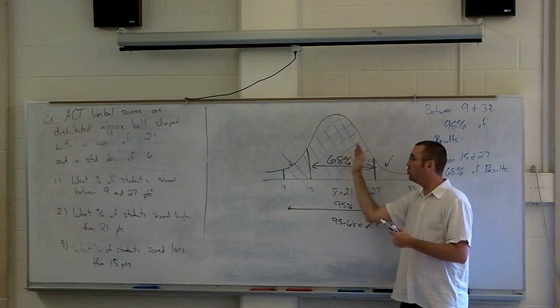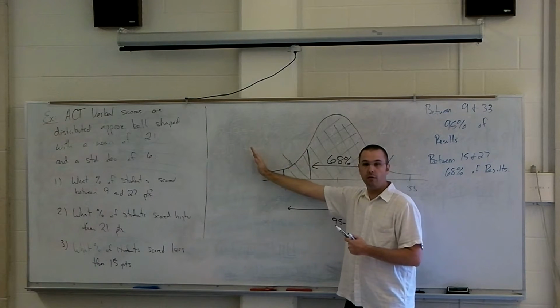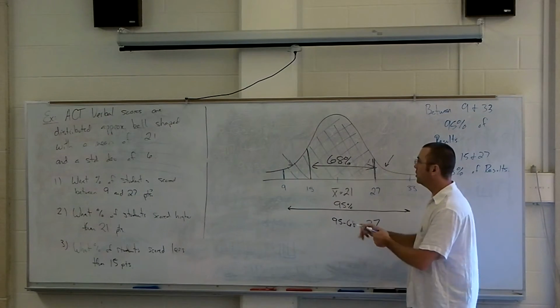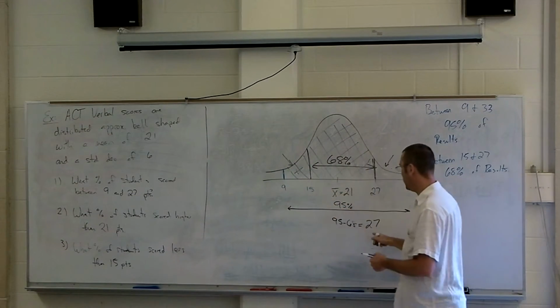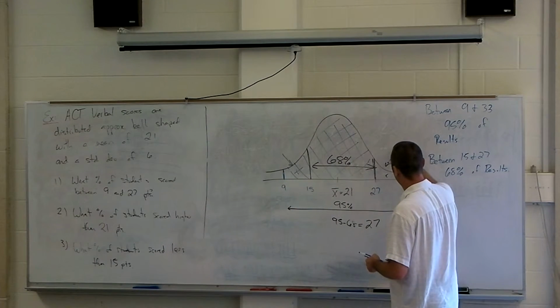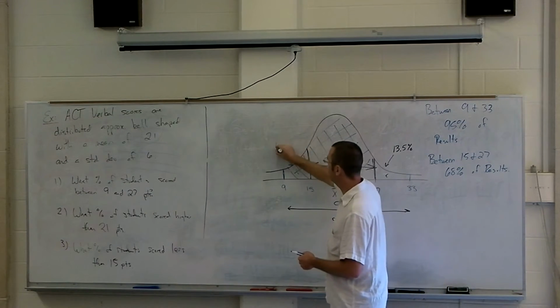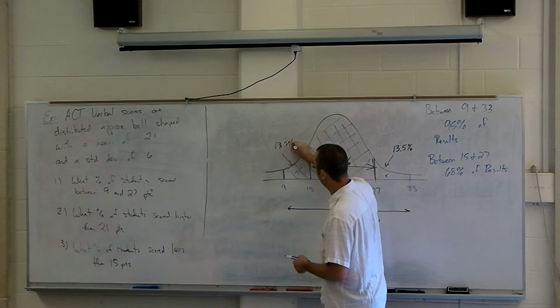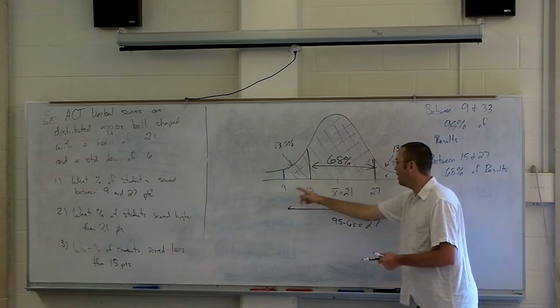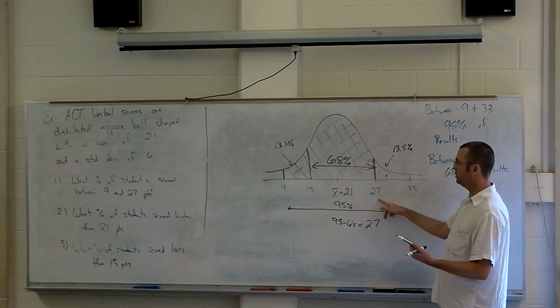Which means it's symmetric, which means whatever's on this side matches up perfectly with whatever is on that side. So half of my 27 ends up here, half of it ends up here, which means that this is 13.5%. This is also 13.5%.